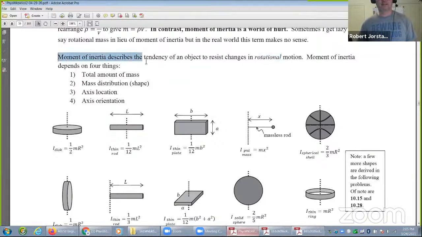So look at this sentence, underline it, become one with this sentence. Moment of inertia describes the tendency to resist change in rotation. All right. It depends on 4 things. Obviously the mass, but also the shape, the axis location, and how the axis is oriented.